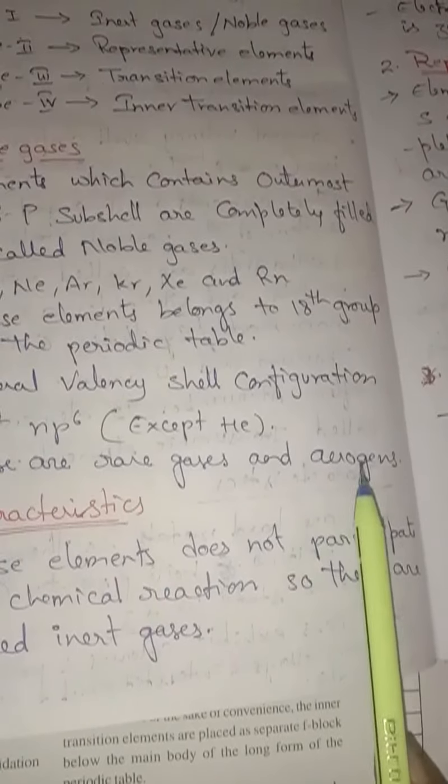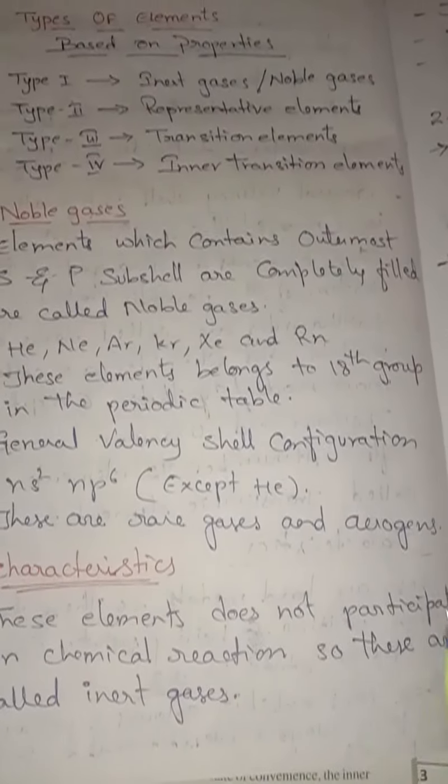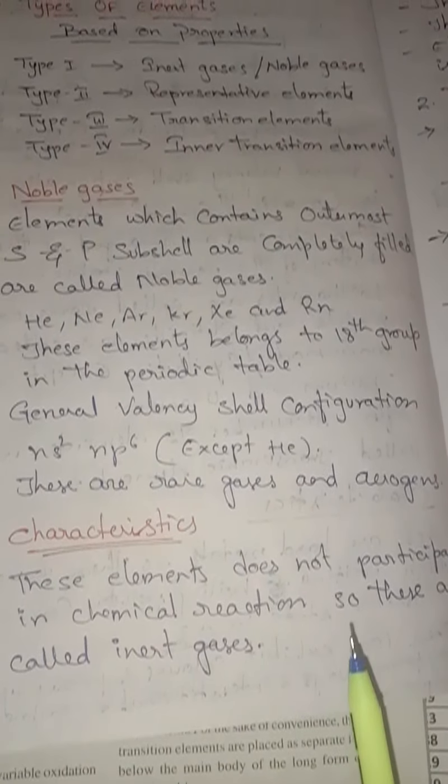And why are they called aerogens? Because they are present only in the air, in the atmosphere. The first compound of xenon was reported with fluorine, xenon fluoride, when xenon and fluorine combined, in the year 1962. Thereafter these elements are called noble gases. From there they got the name noble gases.